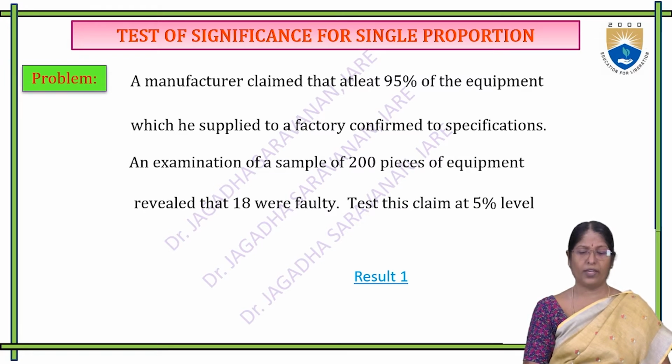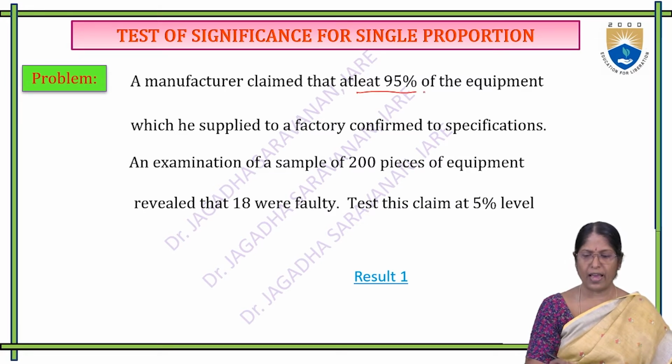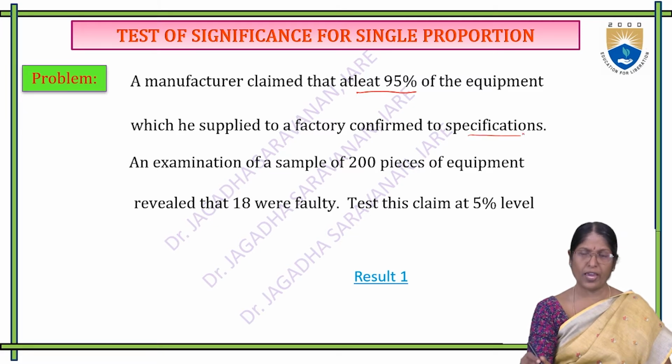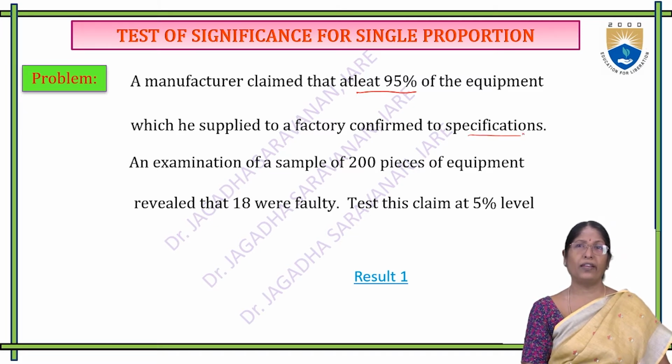So the first thing here is at least 95%. The manufacturer is making many pieces of equipment in the factory, and 95% we can say are good, fit for the specifications.